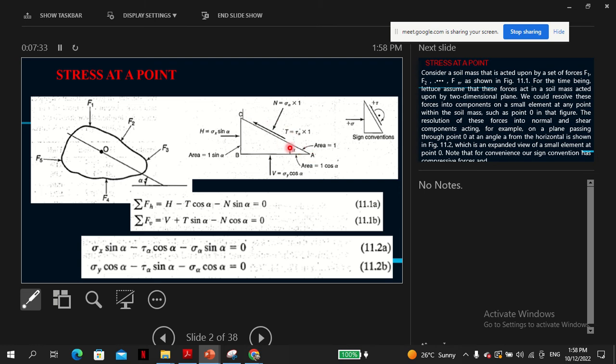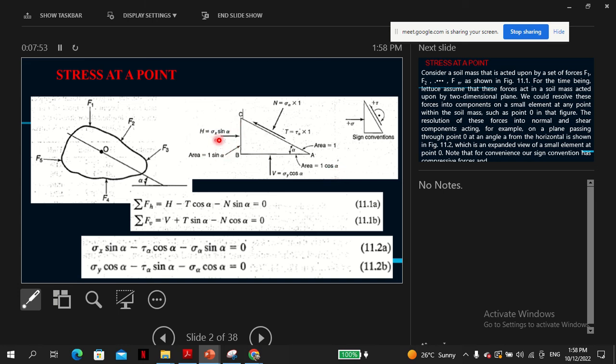So in this direction, this would be the shear stress times the unit area. If you resolve the unit area along this section, which is 1, here the area will be 1 cos alpha, and here the area is 1 sine alpha, right?